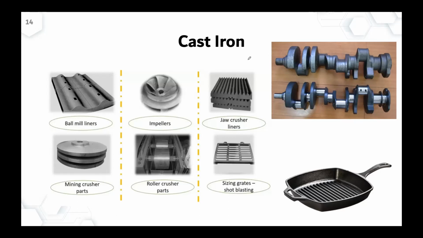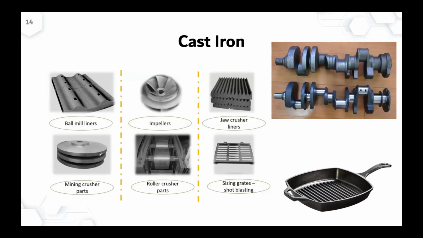So they have to crush the rocks. It can be for sizing grades, or a roller crusher if you need. So it must be very hard and wear resistant, harus tahan aus, keras dan harus tahan aus. Okay, for impellers, ball mill liners, mining crushers and so on.